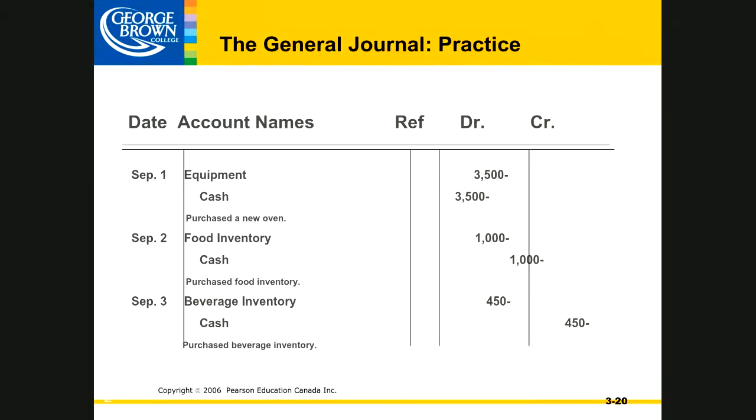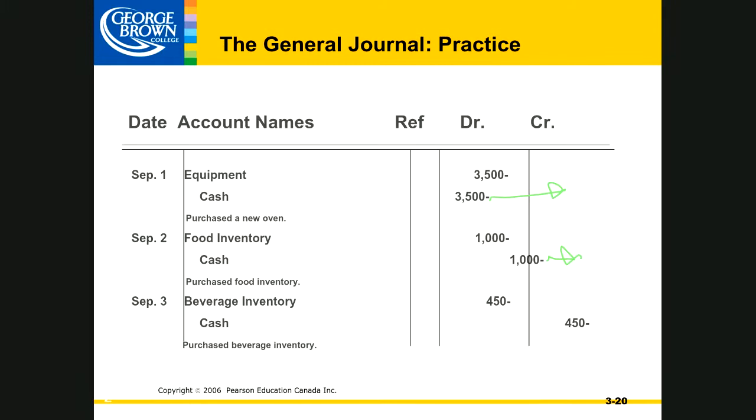On the next slide, or the next couple of slides, I've shown you how I would record these transactions in the general journal, okay? Except that it's gotten all mucked up, okay? So cash is being credited over there, over here. This one's fine.